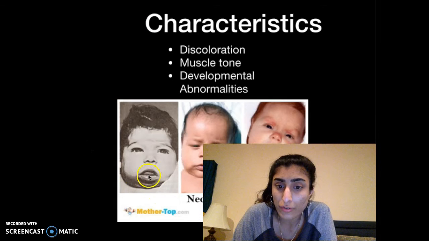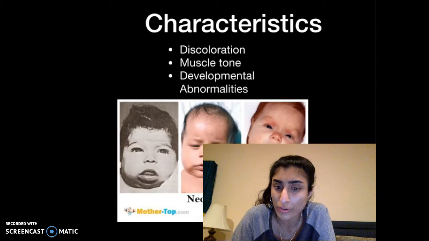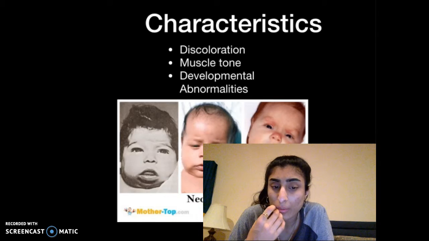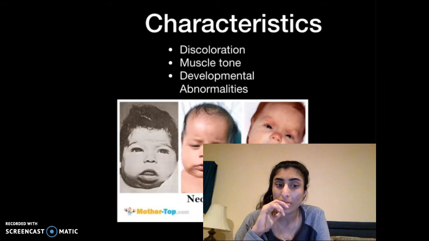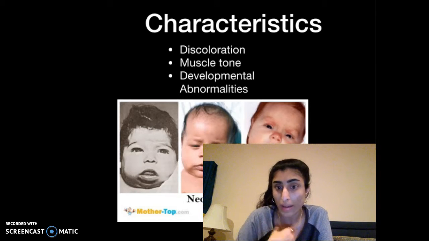As seen in the picture here, they can also have a larger, thick tongue and a puffy face. And it's also possible for them to have soft spots on the skull, distended stomach, and a hoarse cry.